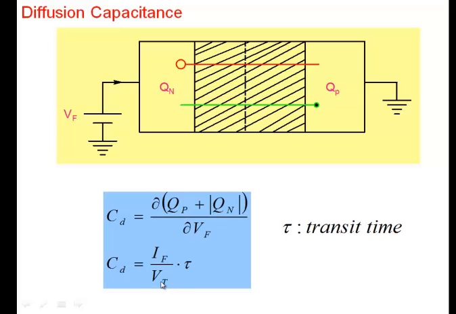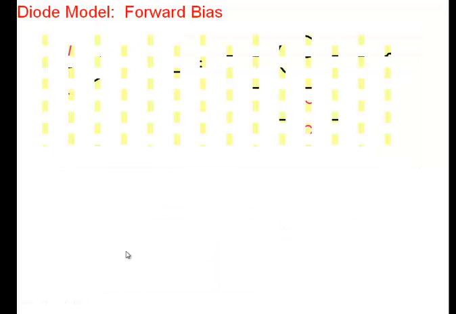This is the thermal voltage. And tau is a parameter which we call the transit time. It's related to recombination parameters, and other things here. So it's a parameter which you can find from the manufacturer's data sheet. So tau is one parameter of a diode. And once you know that, you can calculate the diffusion capacitance. So that's another capacitance to keep in mind here.